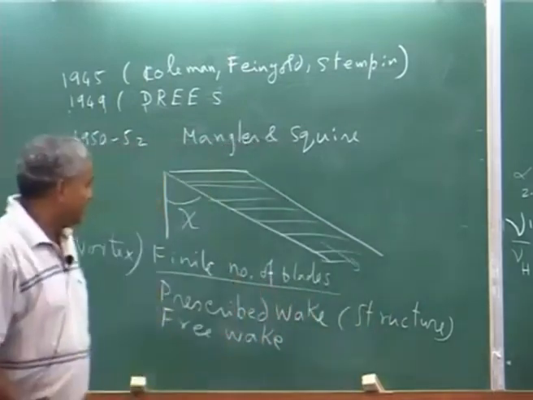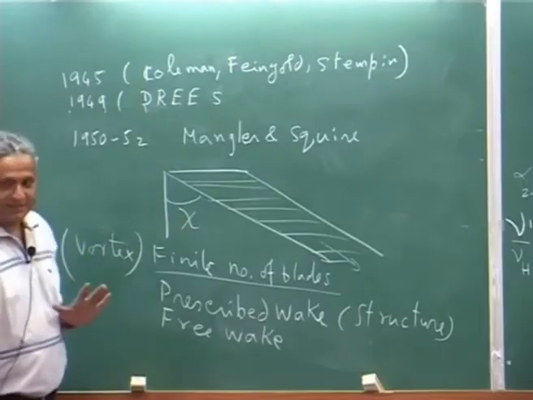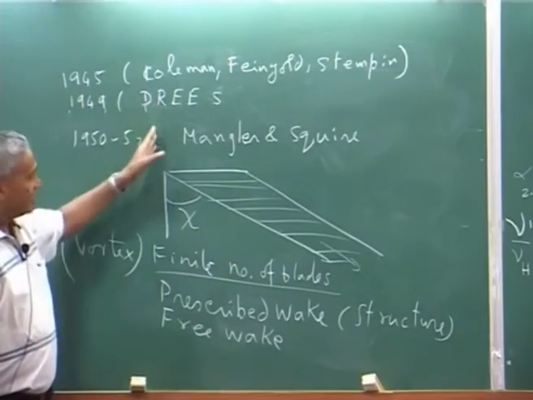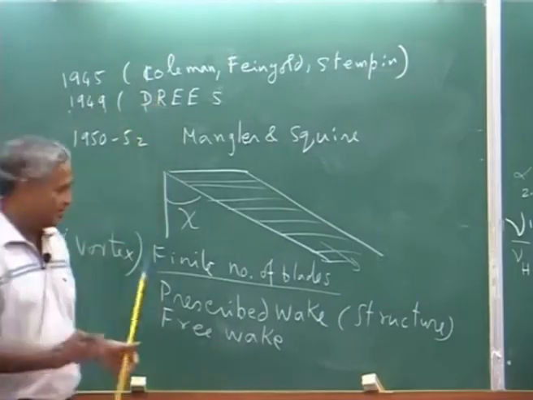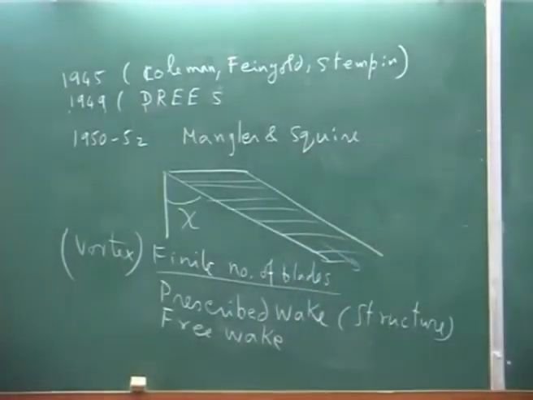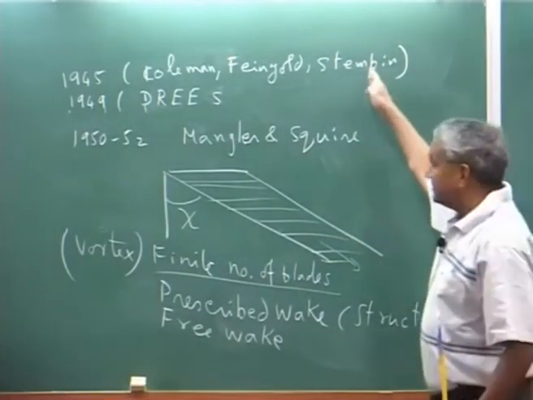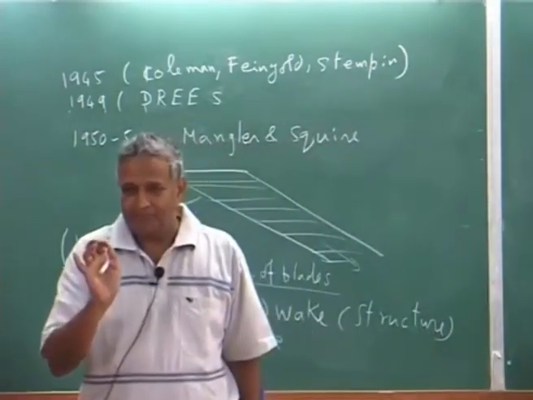Okay. Now, in this course, what we will do is I will briefly mention what these are, and how all of them are ultimately represented. Wake skew angle, that is all these. What is the only parameter?